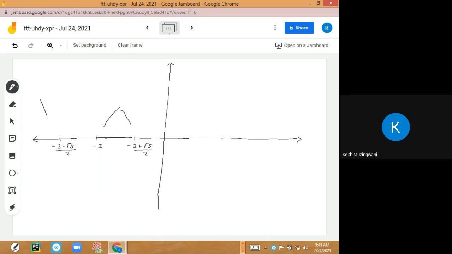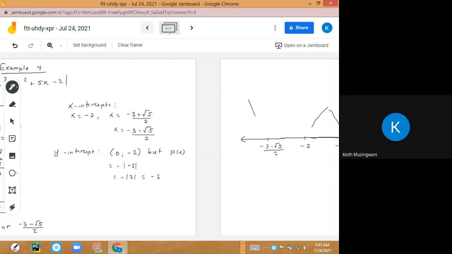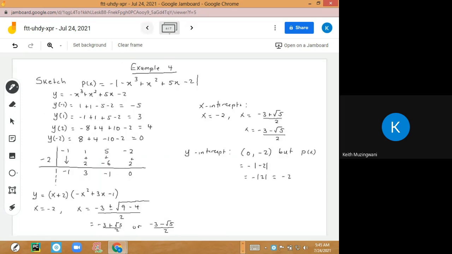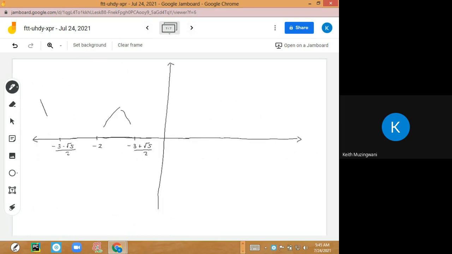But then it has a negative outside the modulus. So all the numbers will be coming out to be negative. So there will be no positive part of our graph. So these curves won't exist. They'll be reflected in the negative direction, meaning that our graph will be of this form.